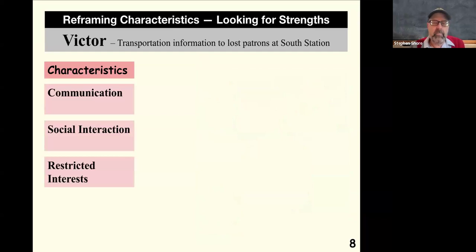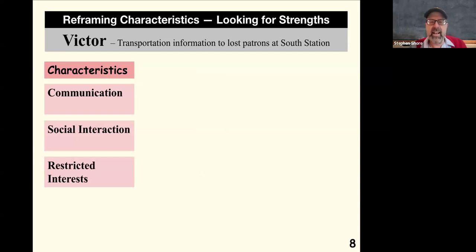So let's take a look at someone like Victor, someone who might have been diagnosed with Asperger's syndrome some time ago, now considered as being autistic, needing supports at level 1. And as a young adult, he provides transportation system information to lost patrons at a very busy train station, South Station to be specific.